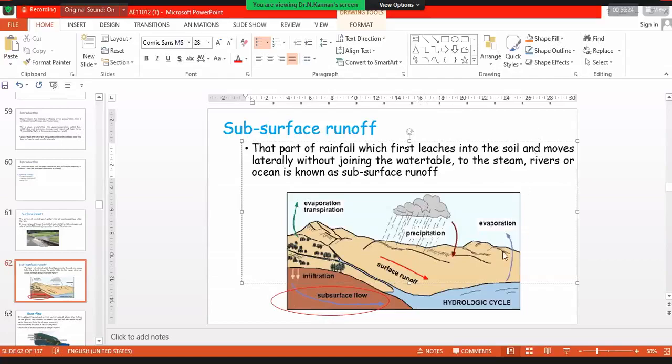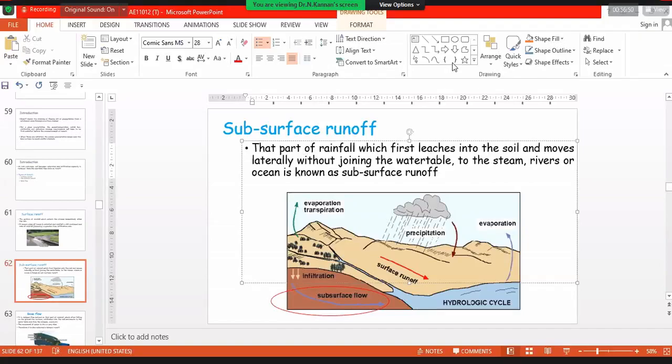Yeah, go ahead. So you can say, okay, precipitation is moving into the soil surface, but it is not touching the water table, right? Before that, it moves laterally to touch water storage systems. So if we have that flow inside the soil, just below the soil surface, we can say that is called subsurface runoff. You understood? Yes, sir. Yes, good, right.